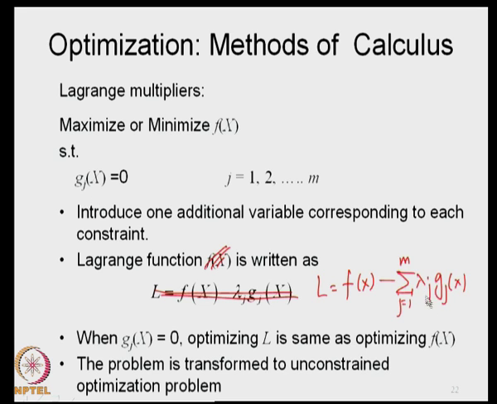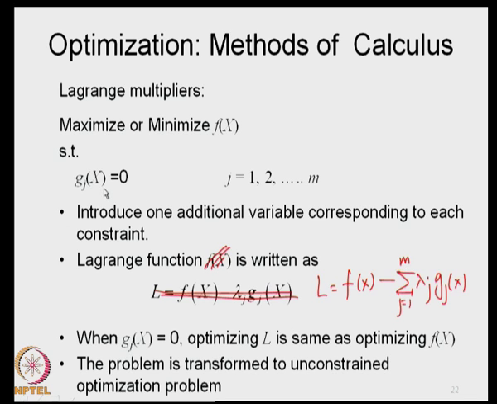These lambda j's are called the Lagrange multipliers. You have one Lagrange multiplier associated with one constraint. So, g1 of x will have lambda 1, g2 of x will have lambda 2 and so on. So, there are m number of Lagrange multipliers and this is the function L, the Lagrange function.